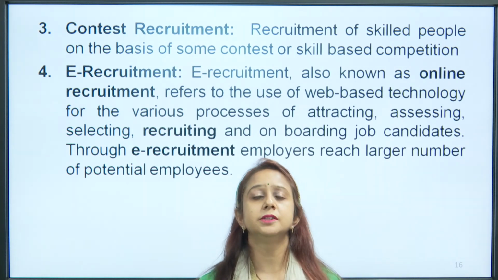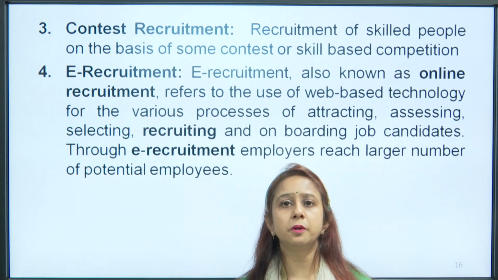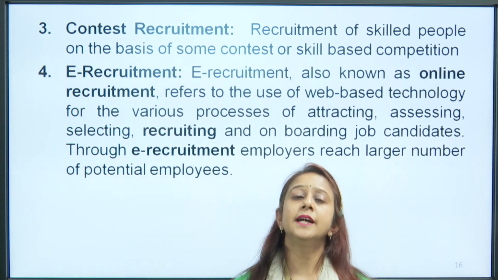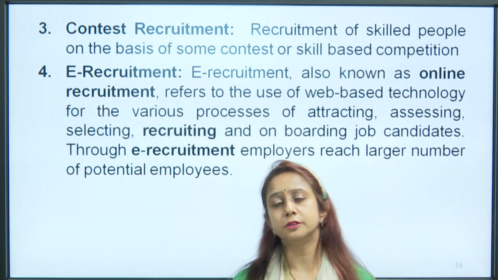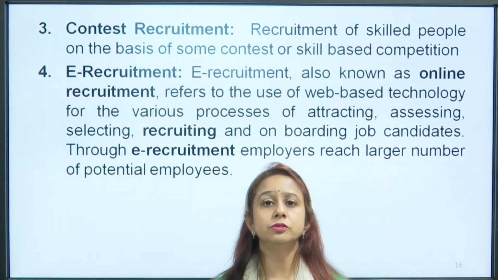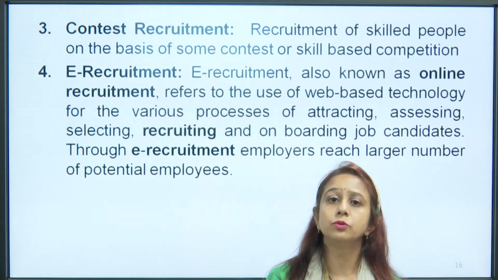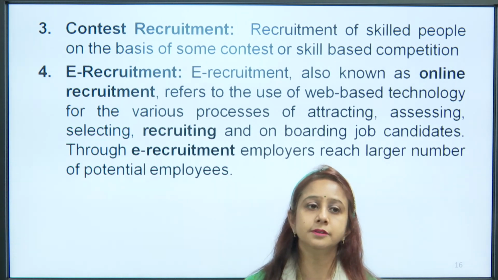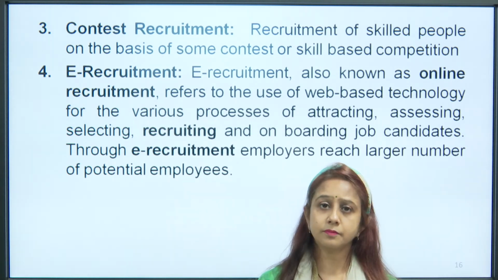E-Recruitment is somewhat similar to virtual hiring, and through both these processes, the organization is able to reach a large number of people sitting at one place only, and there is no requirement for the person to move to the office or infrastructure for different kinds of interviews or selection tests. All this can be done online, through the internet or interface that both the organization and the employee are using. So, these were the new approaches related to recruitment.